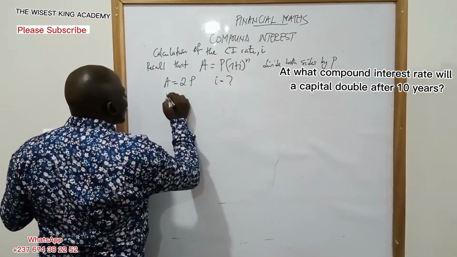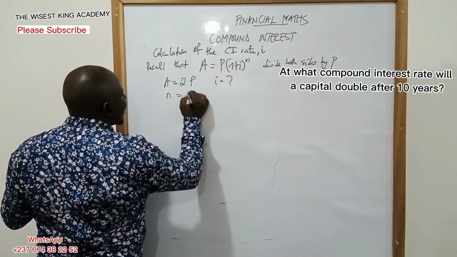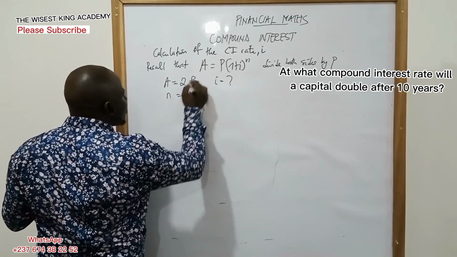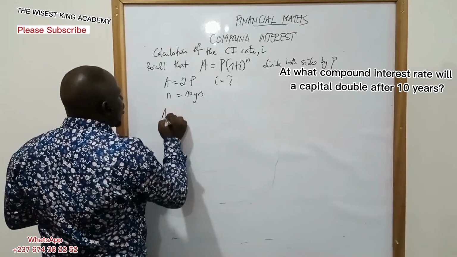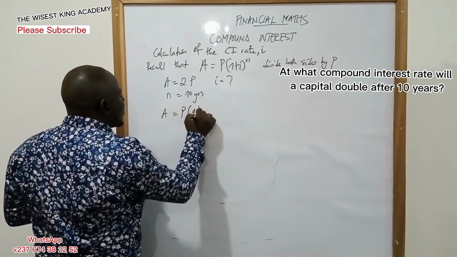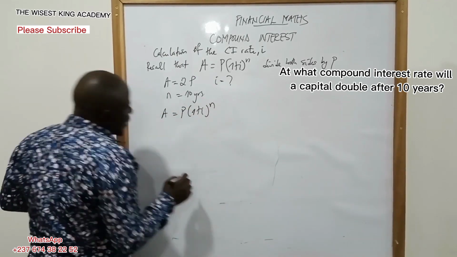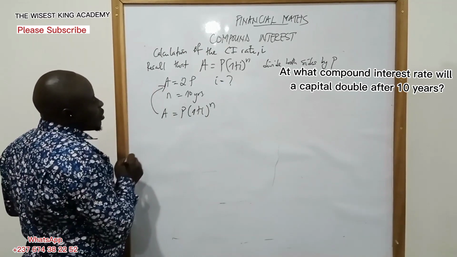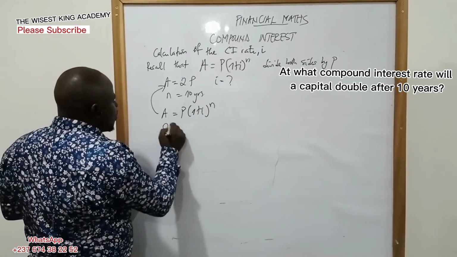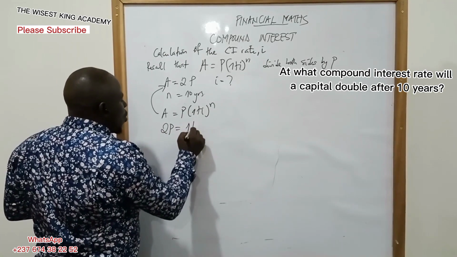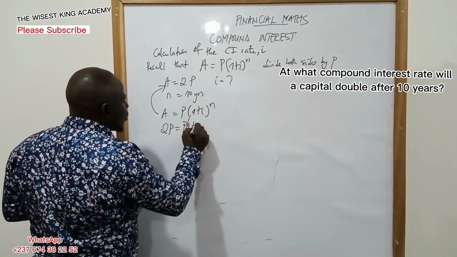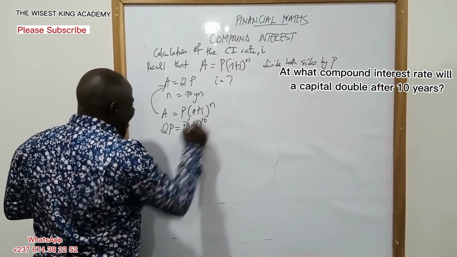Now, at what compound interest rate? We don't know the compound interest rate, right? The duration is 10 years. Now, the principal is still P. Let's record that A is equal to P into 1 plus I raised to the power n. But A is equal to 2P. So we have 2P equals P into 1 plus I raised to the power 10.